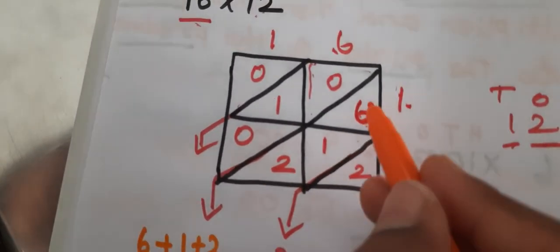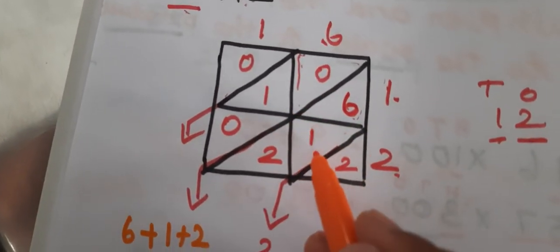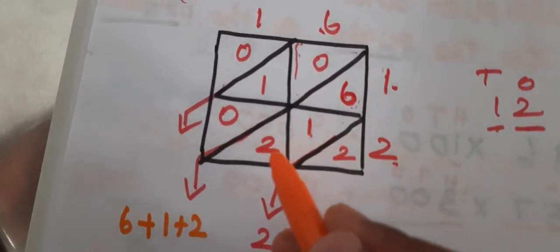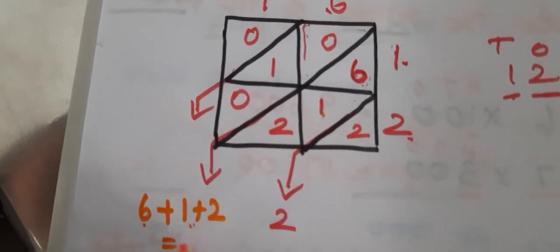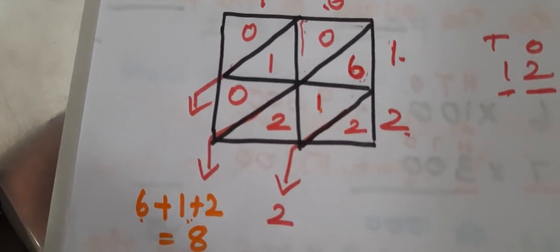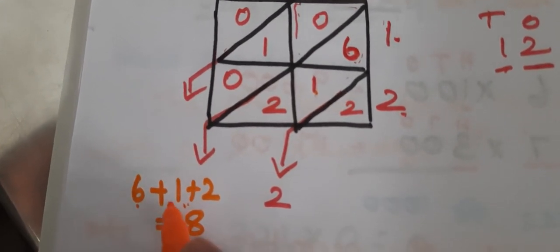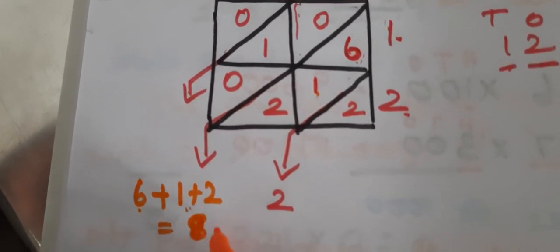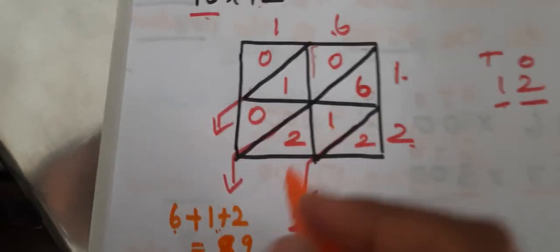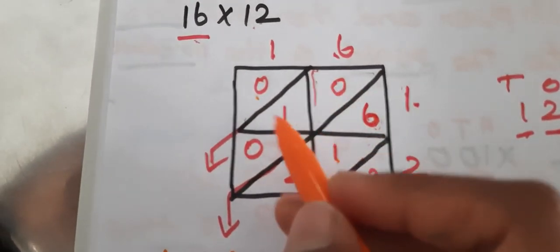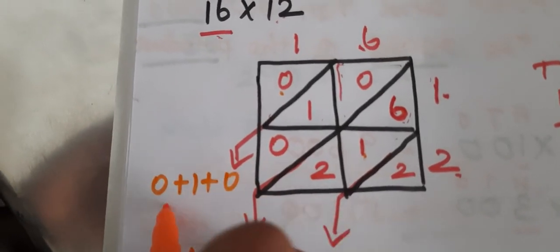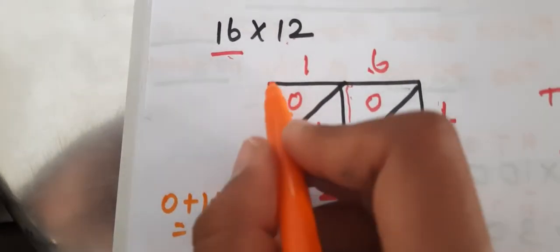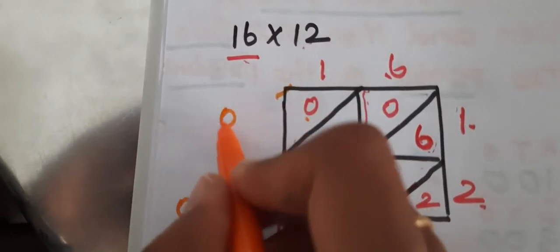So 6, 1, 2. 6 plus 1 is 7. 7 plus 2 is 9, sorry, it's 9. Next slanting line has the numbers 0 plus 1 plus 0. What is the answer? It's 1. Next one, this number is 0 only.